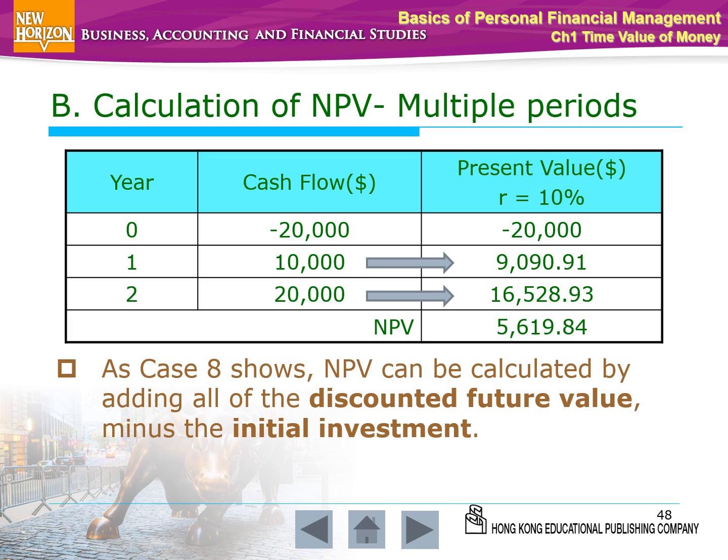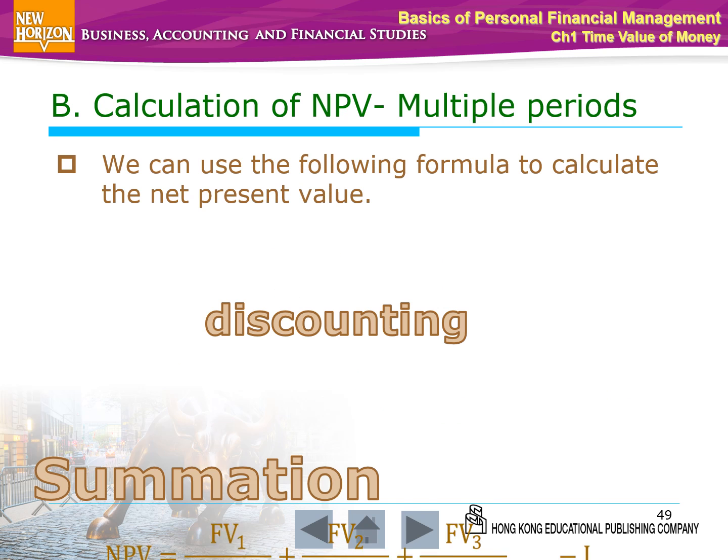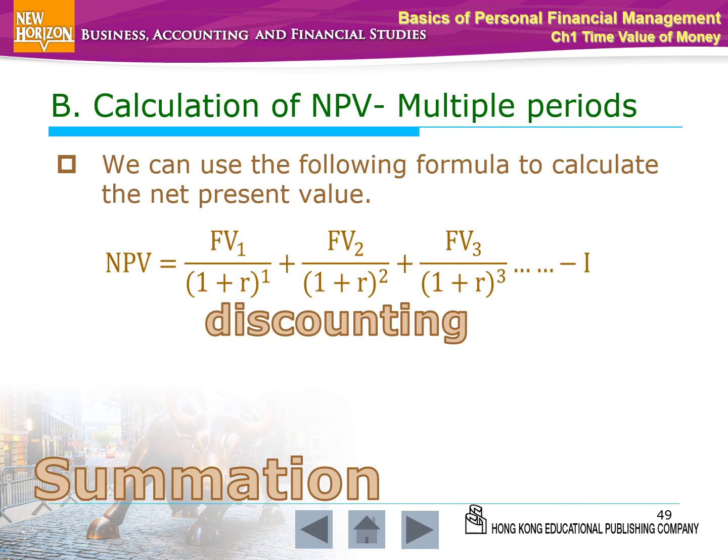So net present value can be calculated by adding all the discounted future values minus the initial investment. We should know this: discounted future value. We can also use the following formula.